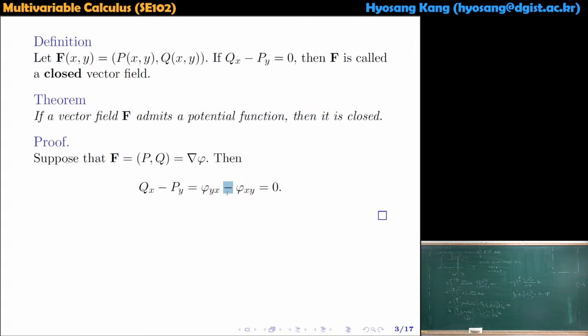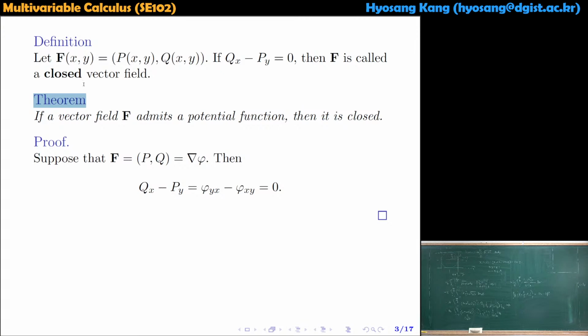They are not always equal, but they are equal as long as your second partial derivatives are all continuous functions. We didn't assume that, but actually this theorem should assume continuity of second partial derivatives.